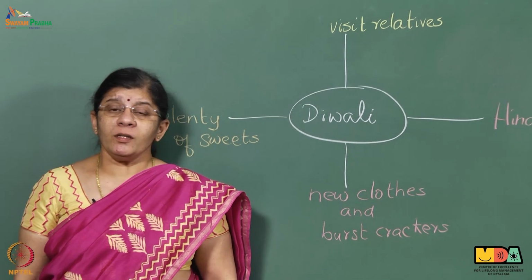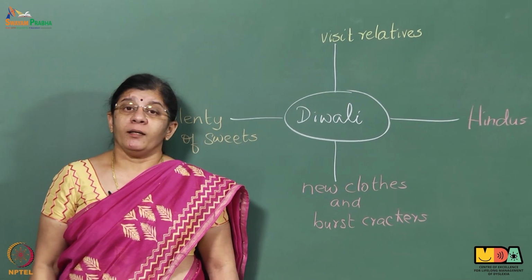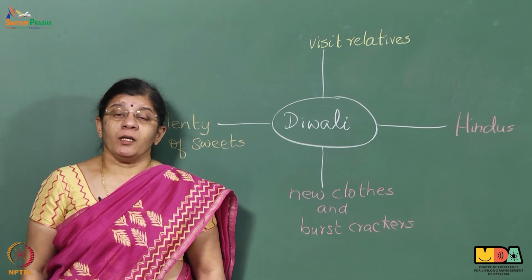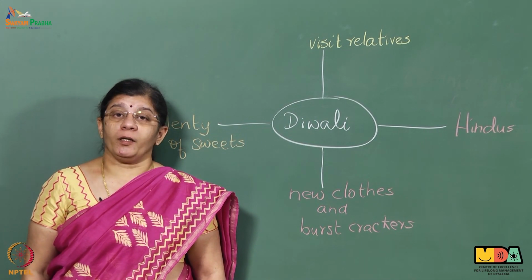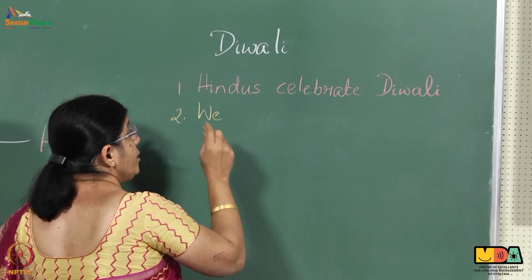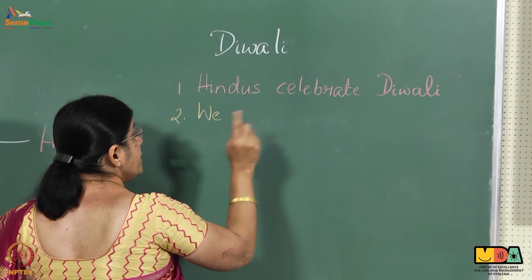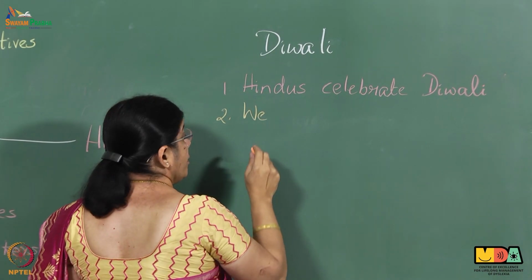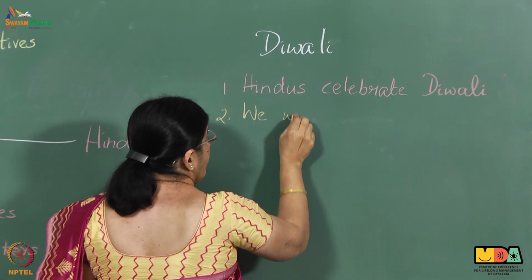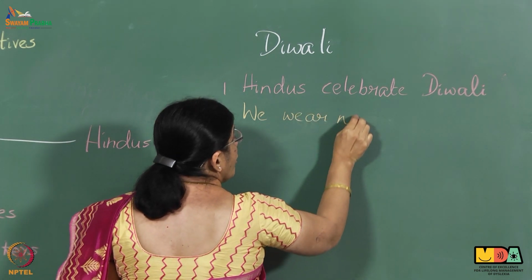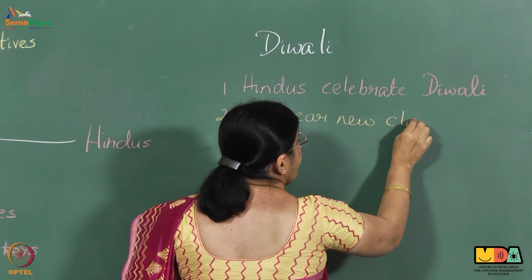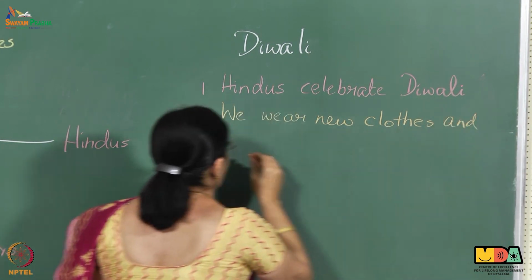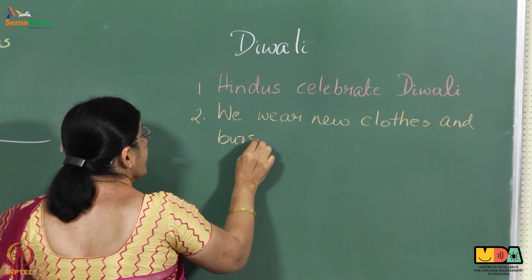Now, using the ideas given by the child, let us see how the child is going to write these ideas in the form of points to make a paragraph. Here we write about Diwali. The first idea generated was Hindus celebrate Diwali. The next idea is we wear new clothes and burst crackers.